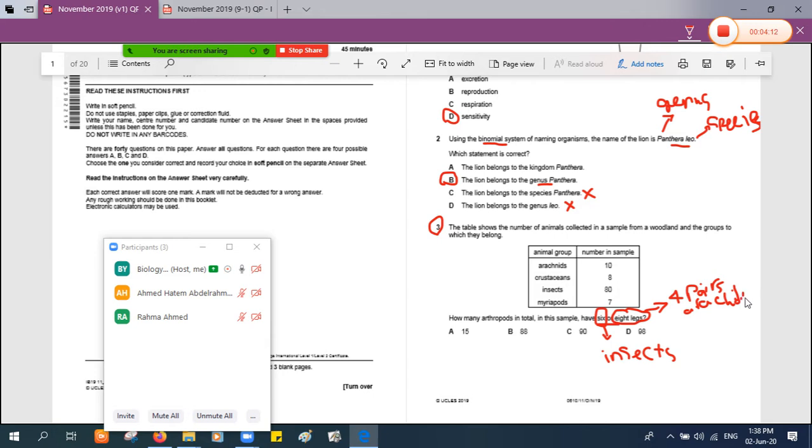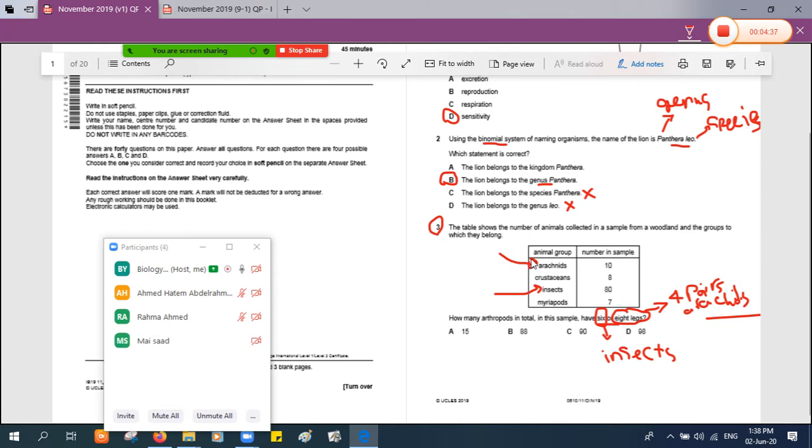Okay, so here, how many arthropods in total? Can you calculate the total number of organisms that have 6 or 8 legs? Here you have to add the number of insects to the number of arachnids. Did you get the question?